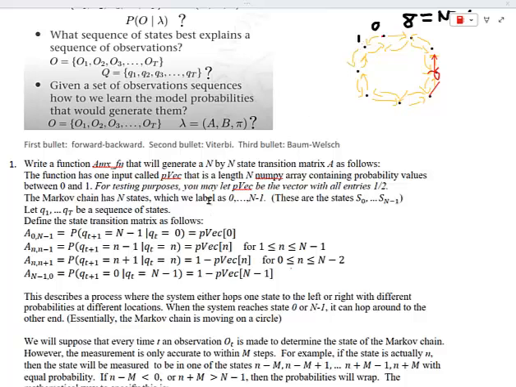Now, if you create A correctly, you can see here that each row will have 2 entries. And these two entries will sum to 1. So this is the row, this is the column.